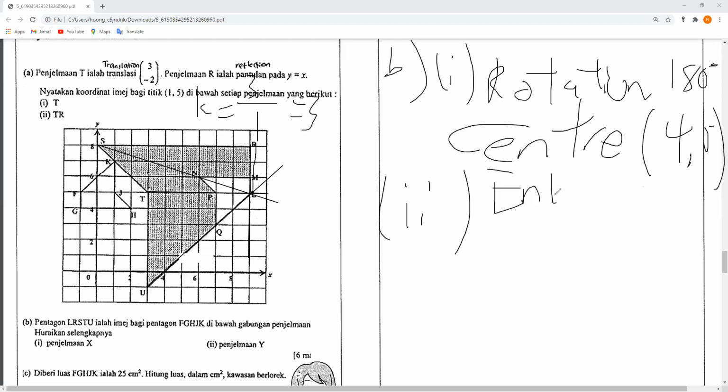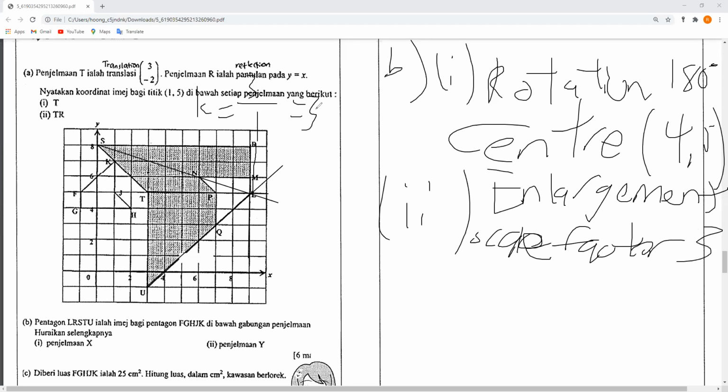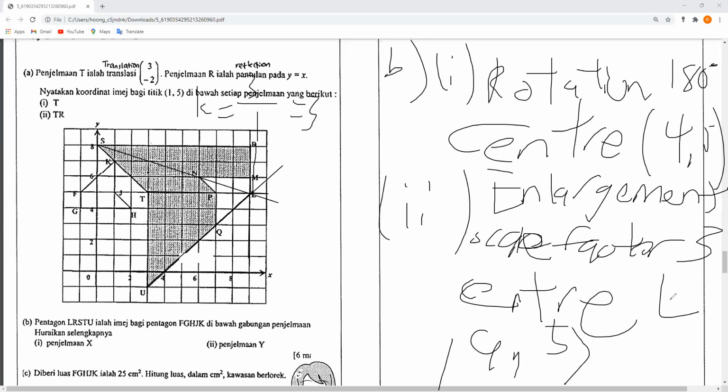So we can write after you get all the elements: enlargement, scale factor 3, and then center L. For the coordinates, it is 9, 5. Either center L or center 9, 5 is the same. So the answer is like this. Full marks, 6 marks you will get.